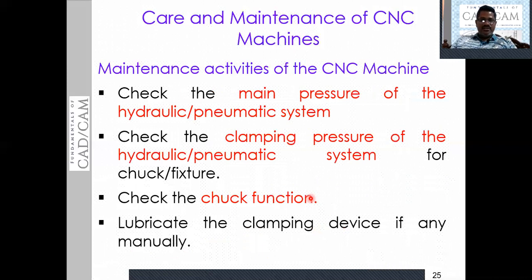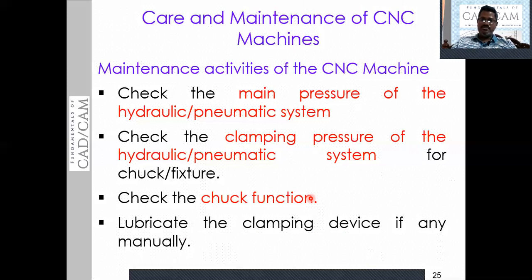The main pressure of the hydraulic and pneumatic system we need to check regularly. Then we need to check the clamping pressure of the hydraulic and pneumatic system as well as the fixtures. Check the functionality of the chuck, which can be used for holding the workpiece, or sometimes to hold the tools.